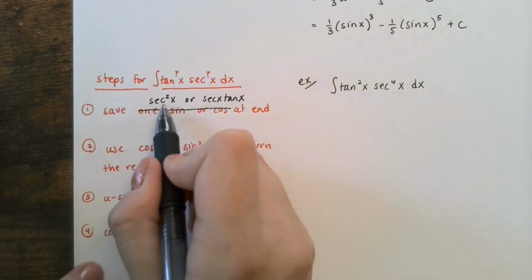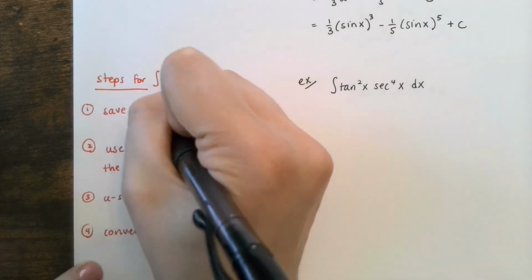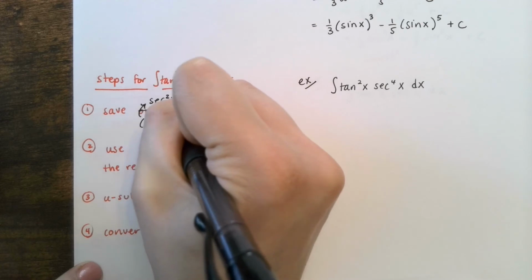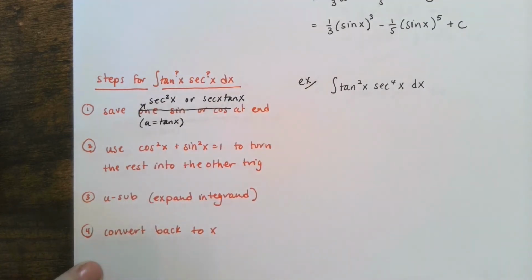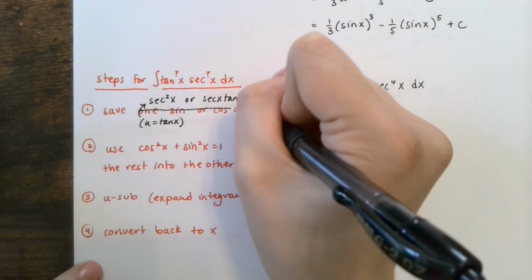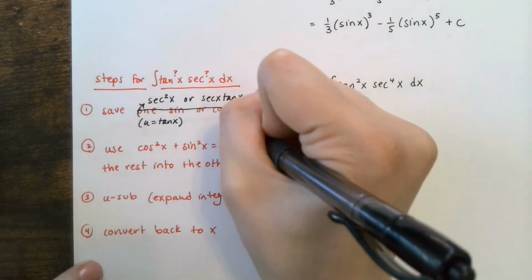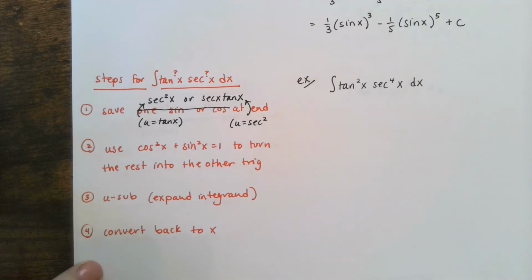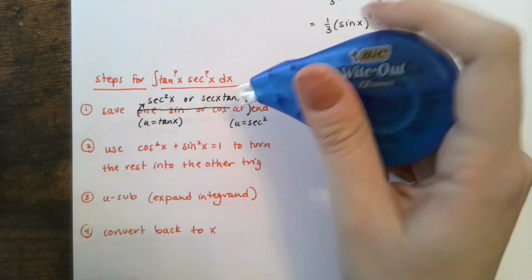So if we save a secant squared at the end, we would be doing u equals tangent, so you'd want to turn everybody into tangent in the next step. And if you saved secant tangent, you would expect u equals secant, oops, not secant squared, just regular secant. Let's completely get that out of there.